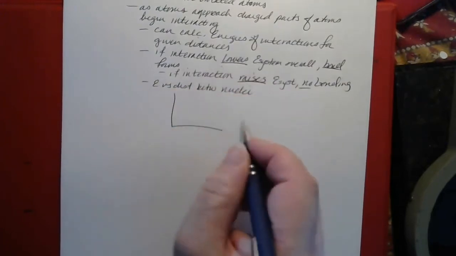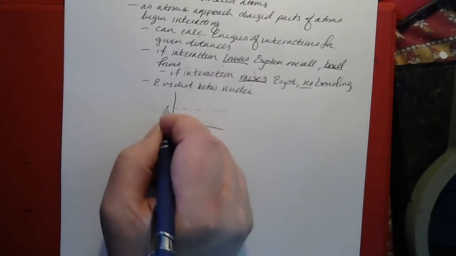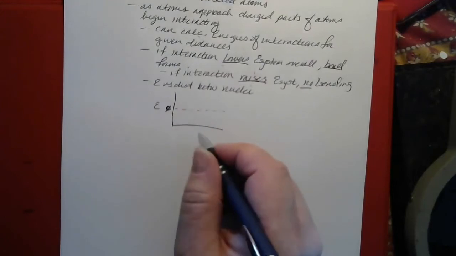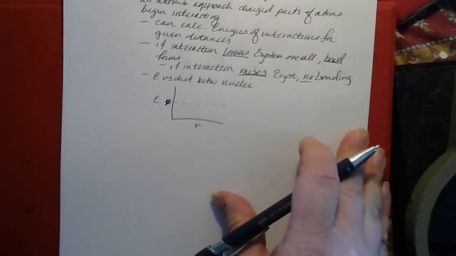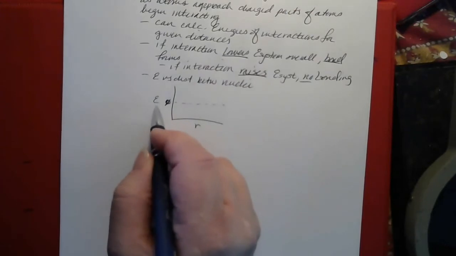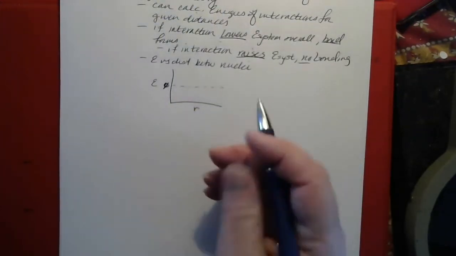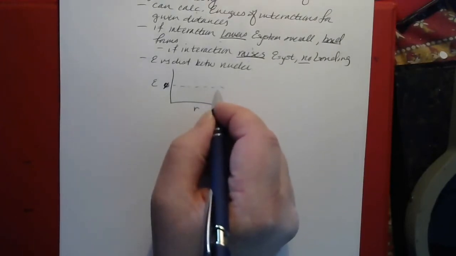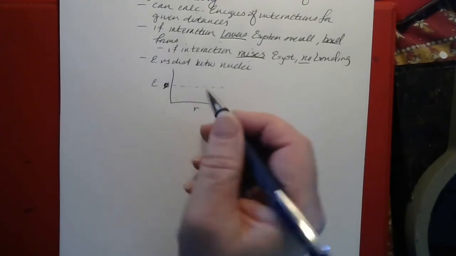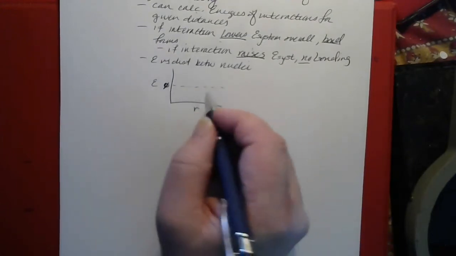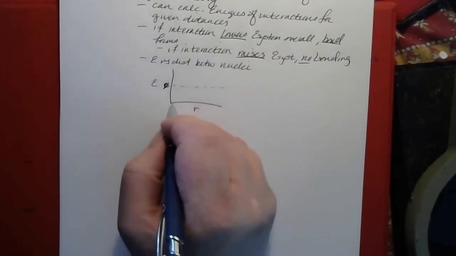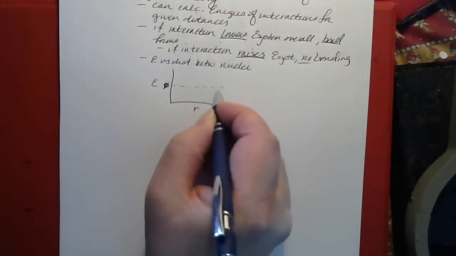You can actually look at the energy between two atoms as the distance between the nuclei changes. So R is the distance between the nuclei, and energy is the potential energy of the two atoms together. I'm going to draw the line going toward the left, because the left signifies small distances, and these are two atoms approaching each other from a long distance, which would be out here.